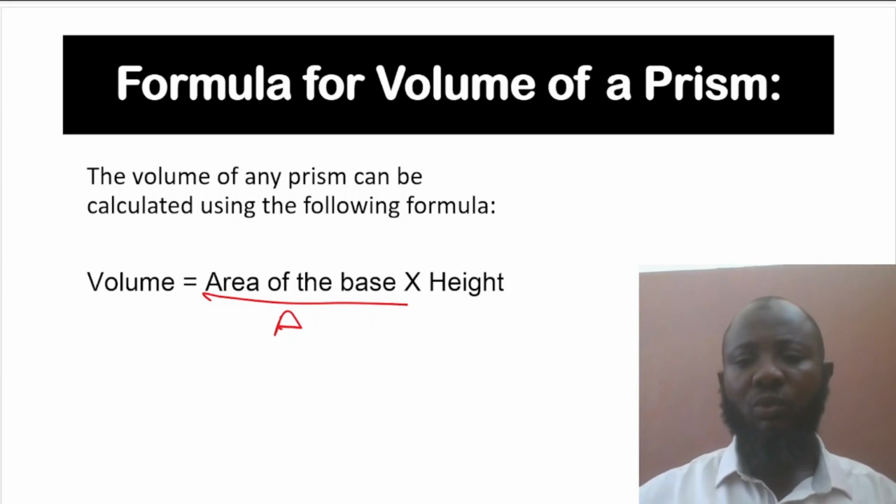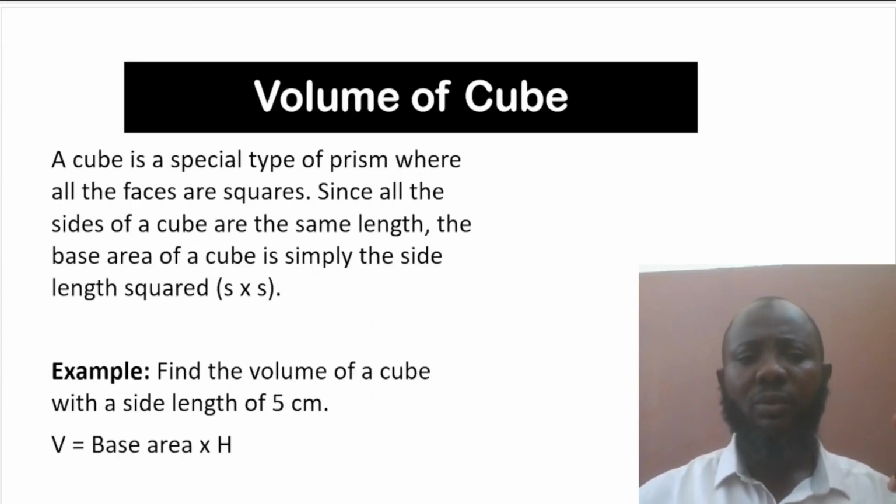All right. Let's now look at them one by one and see how we can solve them. A cube is a special type of prism where all the faces are square. We've talked about that. All the sides of a cube are the same length. Then the base area of the cube is simply S squared.